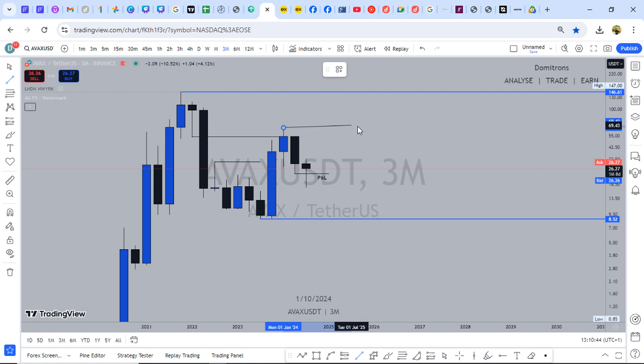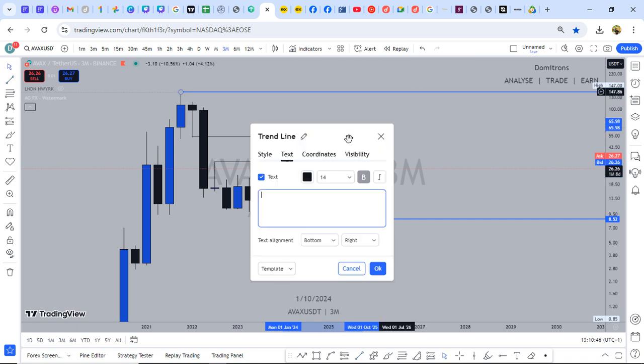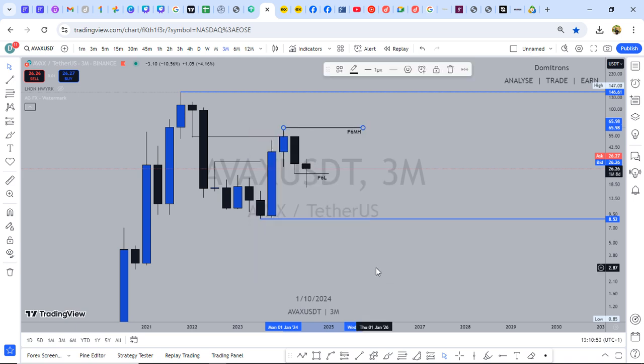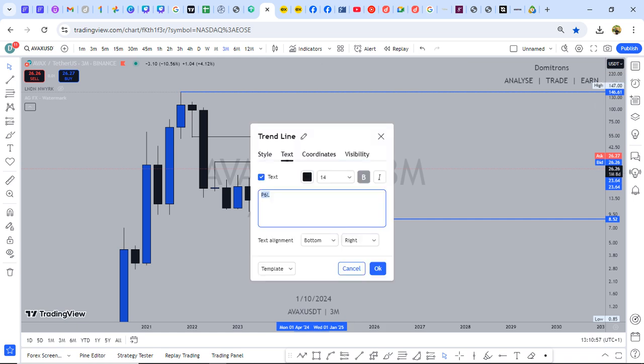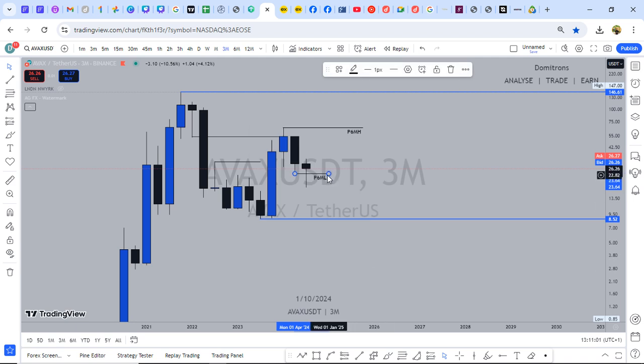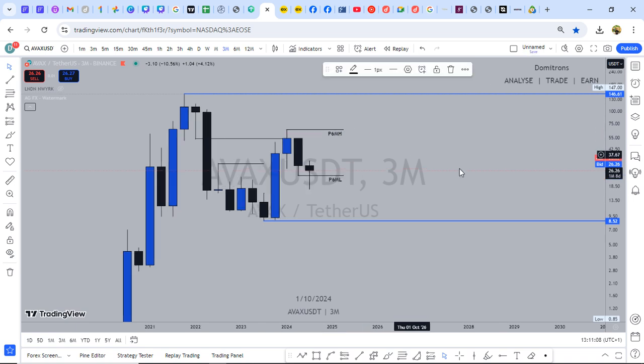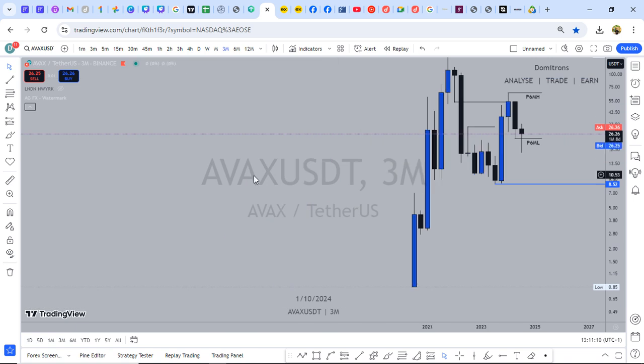This is the previous 6 months high, previous 6 month low, extend it to this point, extend it to this point. All right, so that is my analysis.